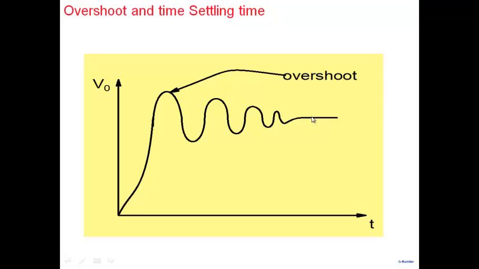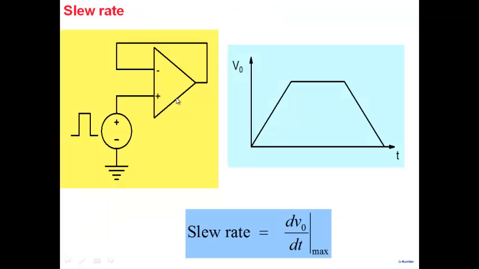So what becomes important here is how much overshoot do I get? How long does it take after it reaches this value to settle down? So those become important parameters. What is the overshoot? What is the settling time? Another interesting thing is a slew rate. These are all quantities that describe the transient response.